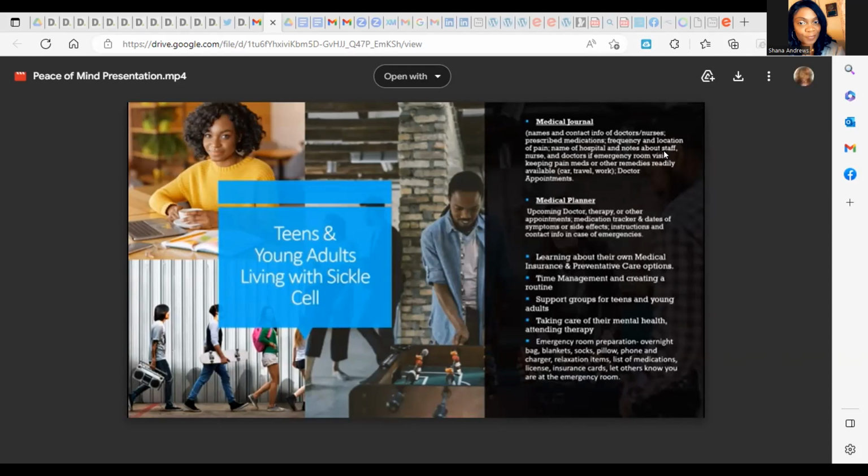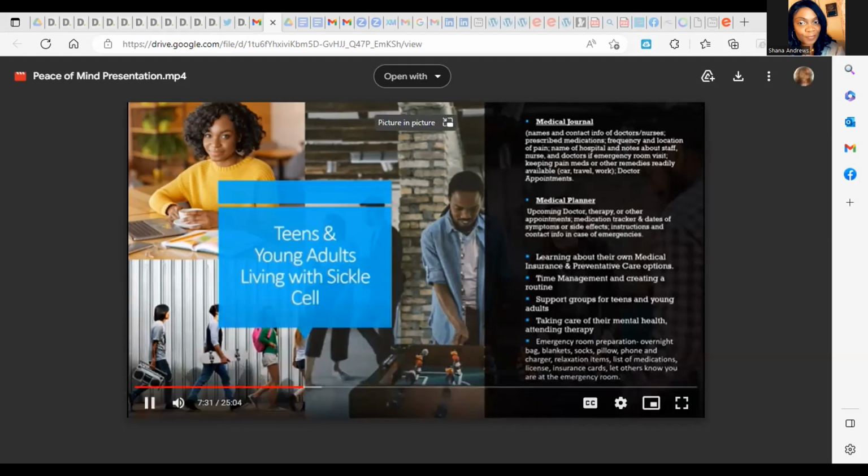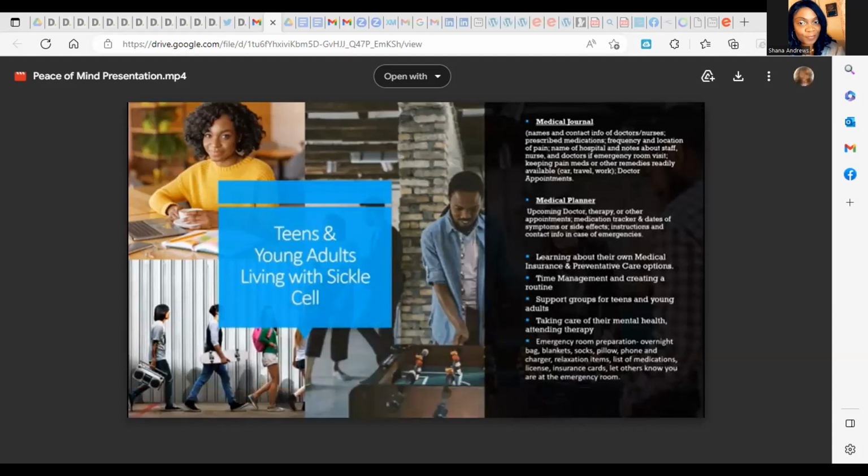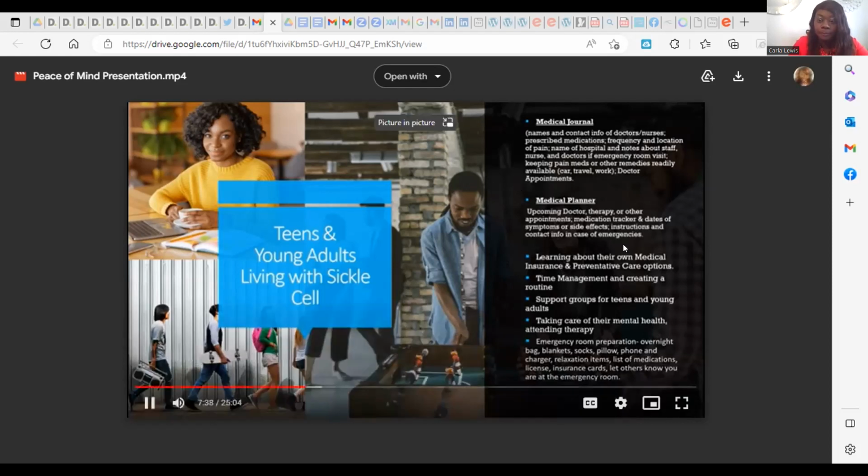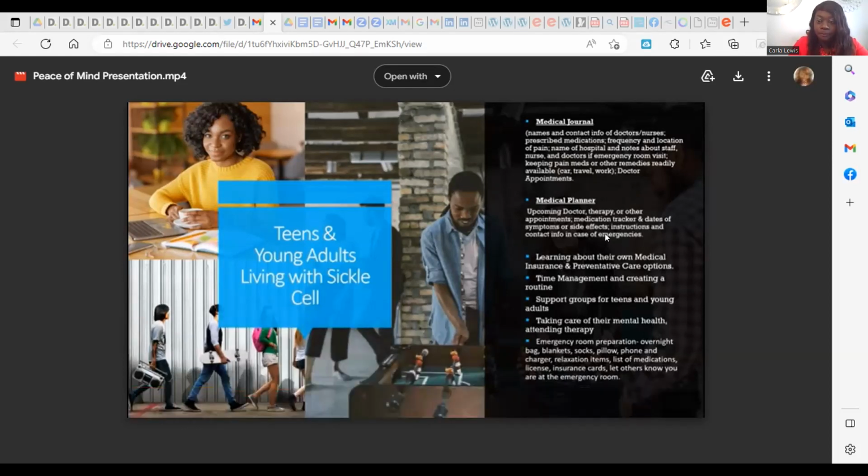So a medical journal provides a space for names and contact information of doctors or nurses. It would list any prescribed medications, the frequency and location of the pain, name of the hospital, notes about staff or nurses and doctors in emergency room visits, keeping pain meds or other remedies readily available.